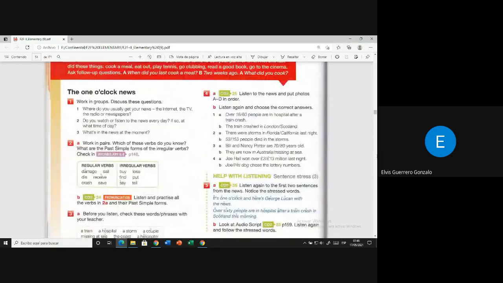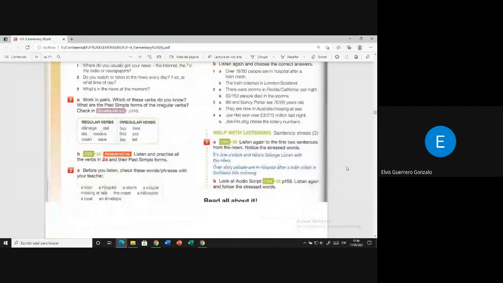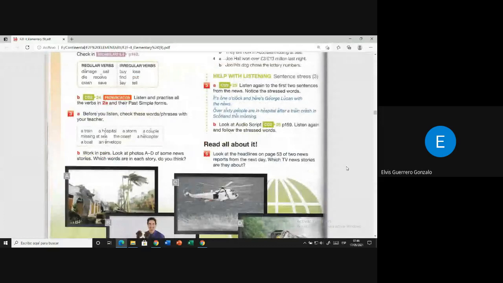Then we finished activity number 4. Now, activity number 5. Okay, let's listen again. Listen again to the first 2 sentences from the news. Notice the stress words. This is only a stress pronunciation, but listen, okay?